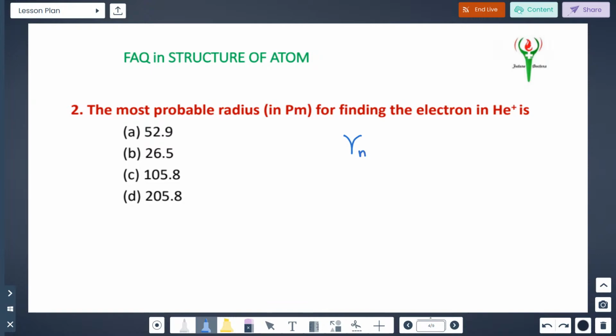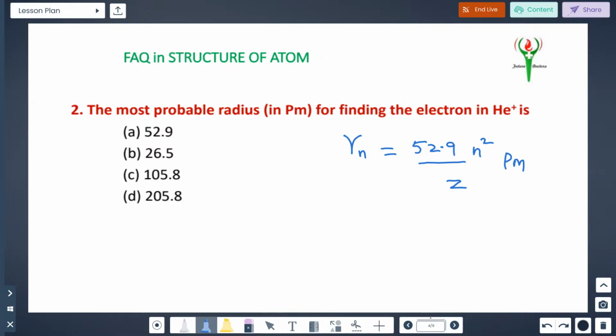Radius of electron in nth orbit is equal to 52.9 n square by Z picometer. Understood? This is the formula. n is called orbit number. Z is called atomic number.